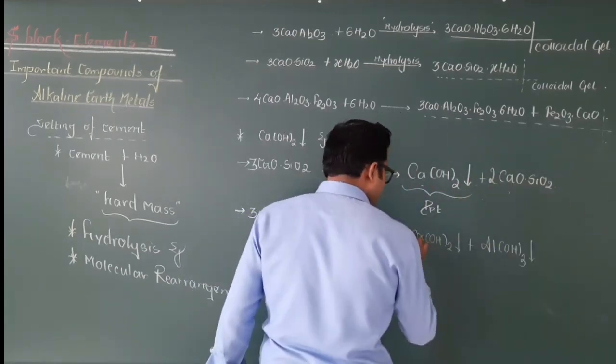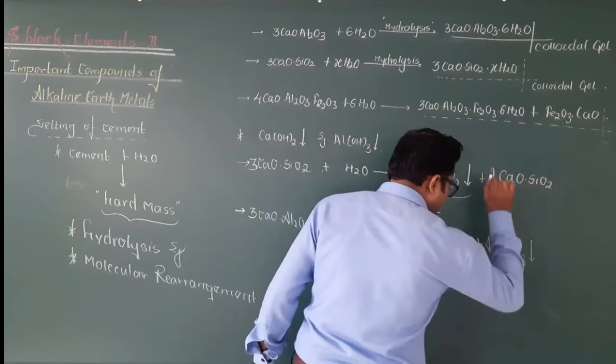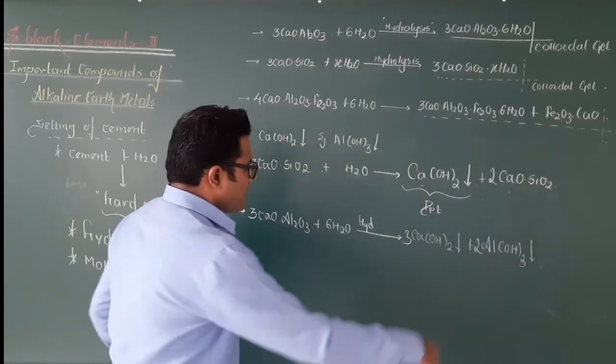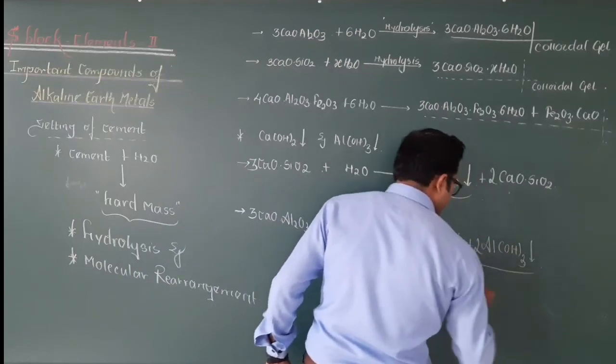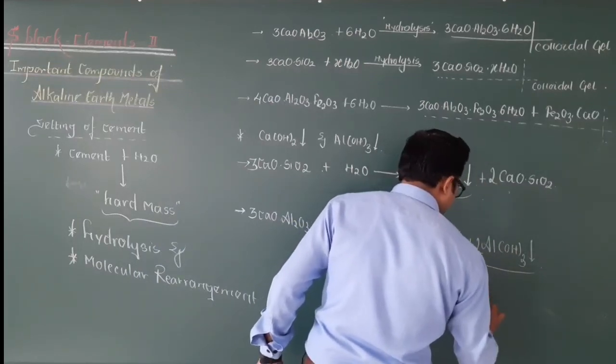In order to balance it, we are going to have 3 here and 2 over here. Again, what we have is the total amount of precipitate.